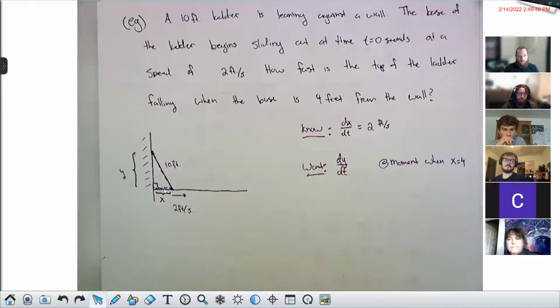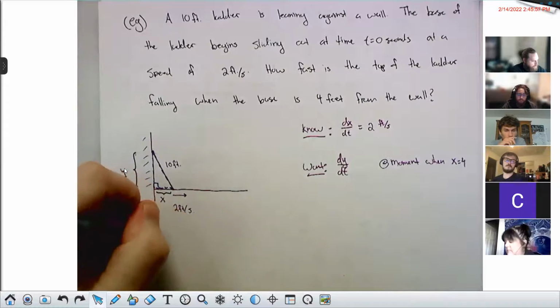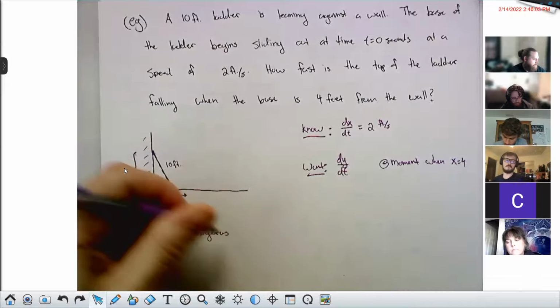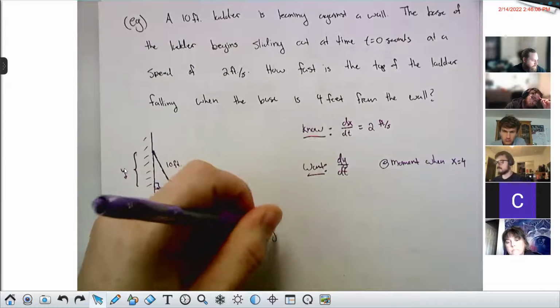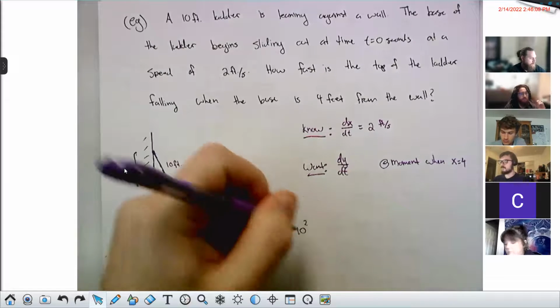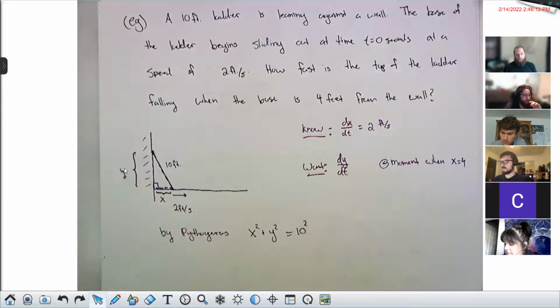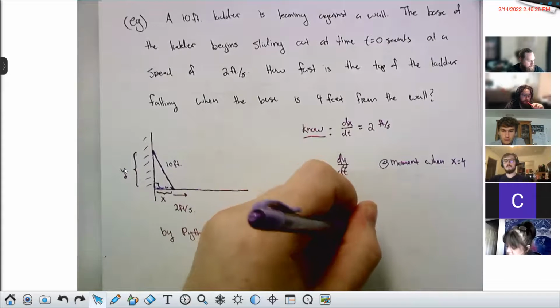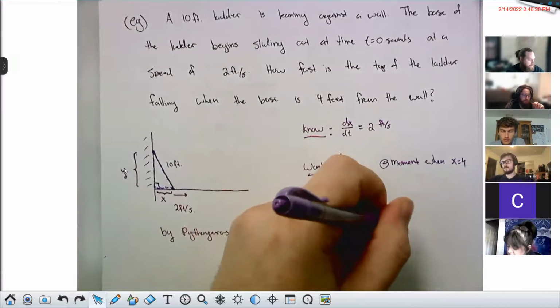So we can lean on good old Pythagoras to tell me a relationship between x and y, namely x squared plus y squared equals 10 squared. This is true for any right triangle: the sum of the squares of the side lengths is the square of the hypotenuse. x squared plus y squared is 100. 10 squared is 100.